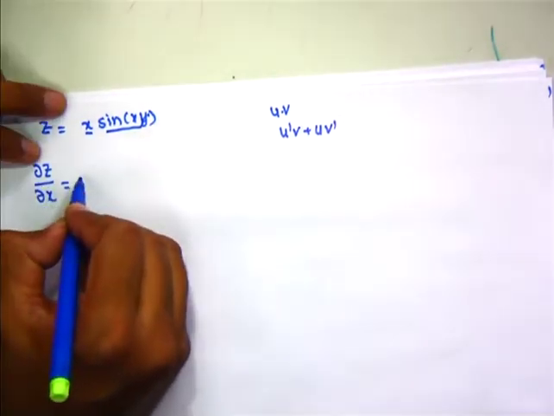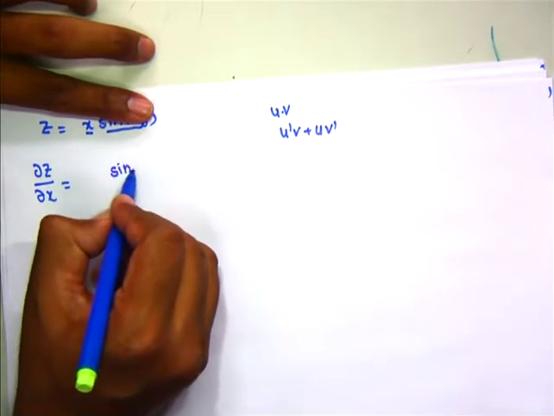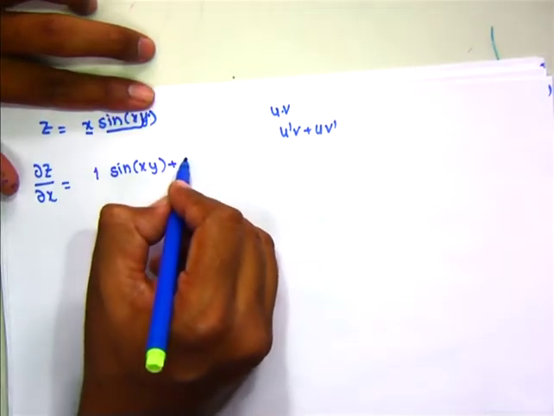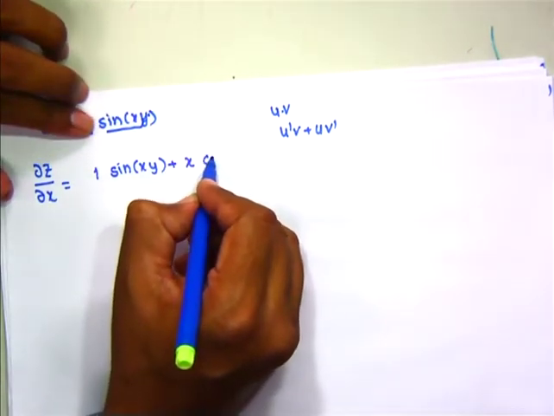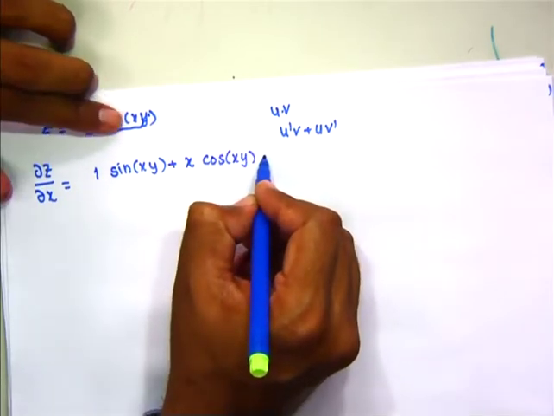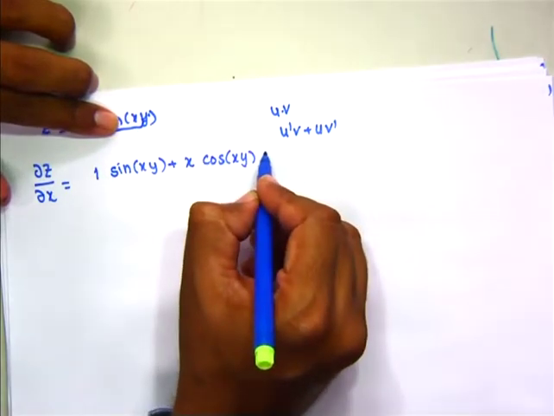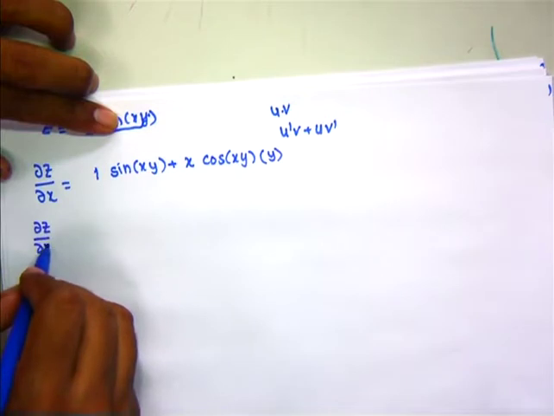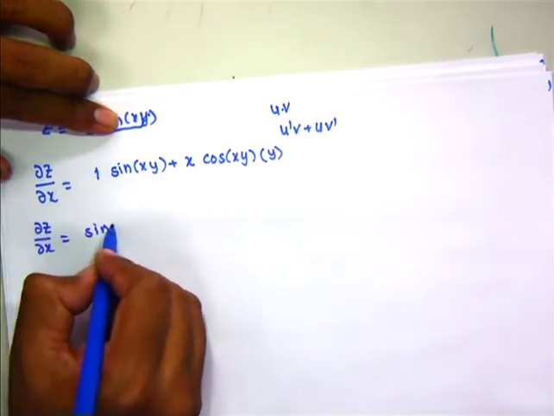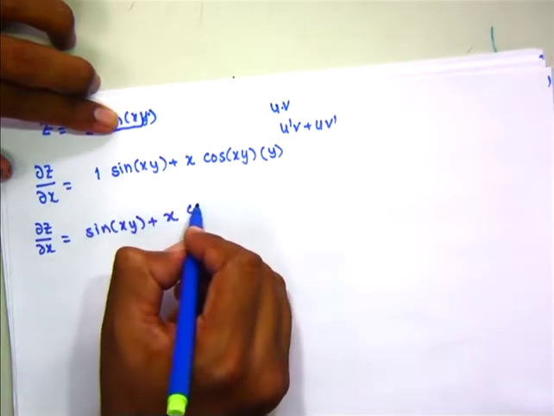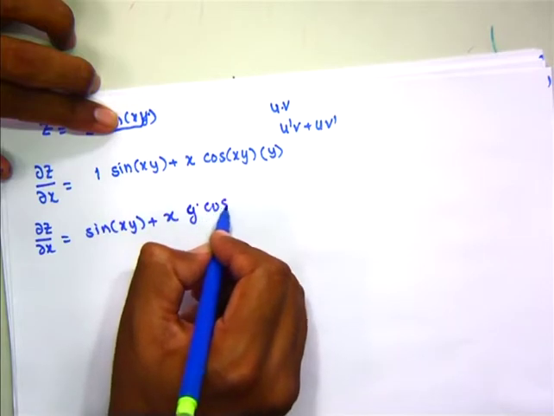So del z by del x, we keep sine xy fixed and derivative of x is 1 plus x is fixed and derivative of sine is cos xy into derivative of xy is y. So we get del z by del x as sine xy plus xy into cos xy.